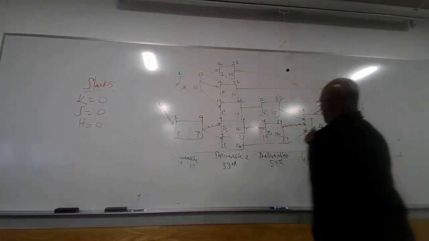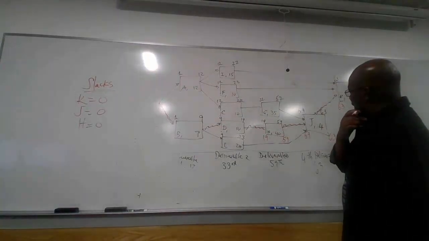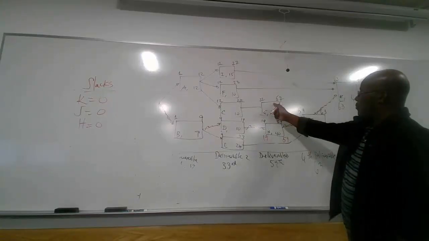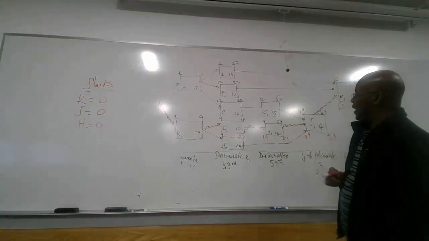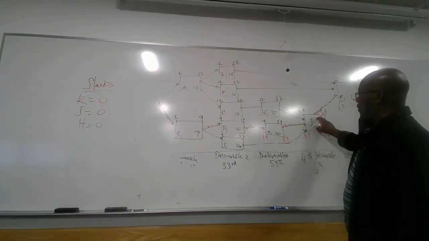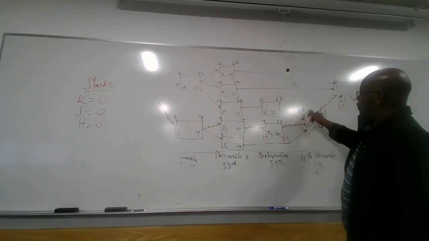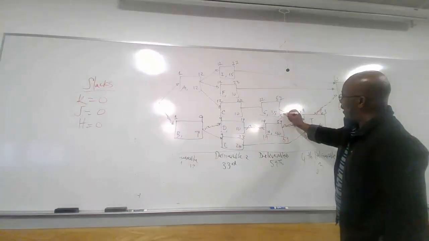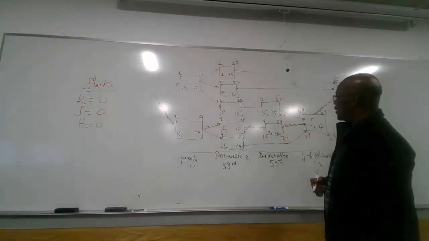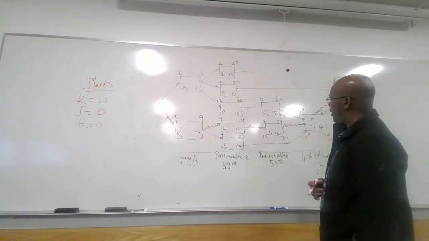Let's come here. This activity could actually finish on the 59th because it finishes on the 57th. It can be delayed up to the 59th when the following activity starts. So 59th, this can be delayed to 59th. Here we have 2 weeks. We can delay this for 2 weeks.